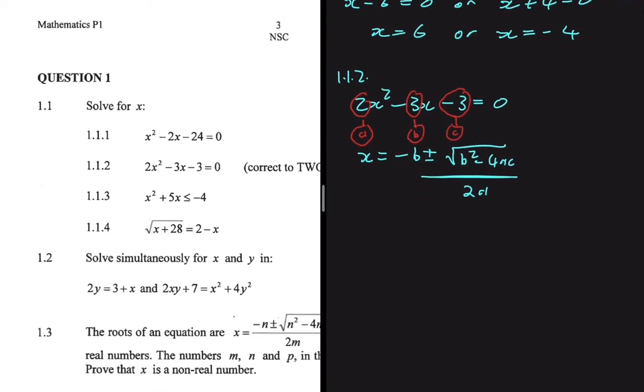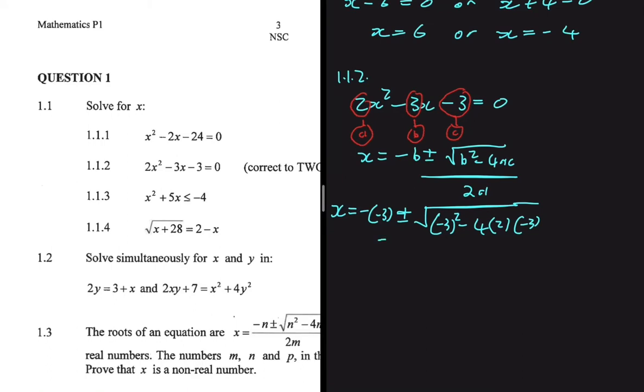So if we substitute that in our equation, we should get x is equal to minus, we're saying that b is minus 3, right? So minus 3 plus or minus b squared. So we have minus 3 squared minus 4ac. A is 2 and c is minus 3, right?